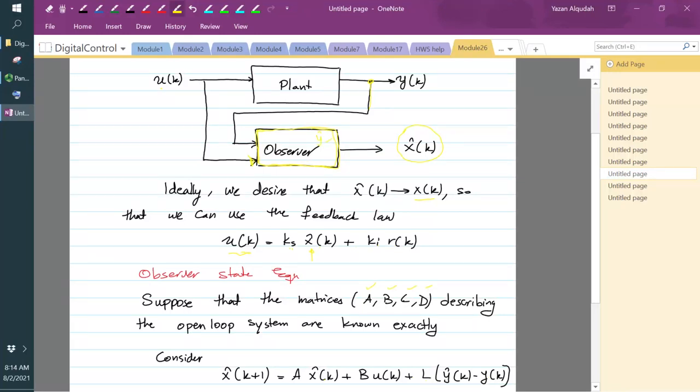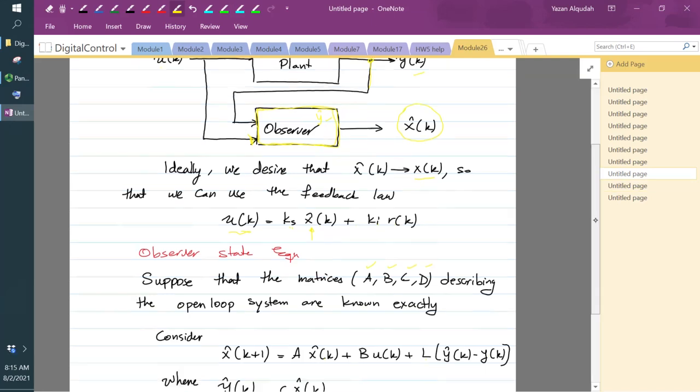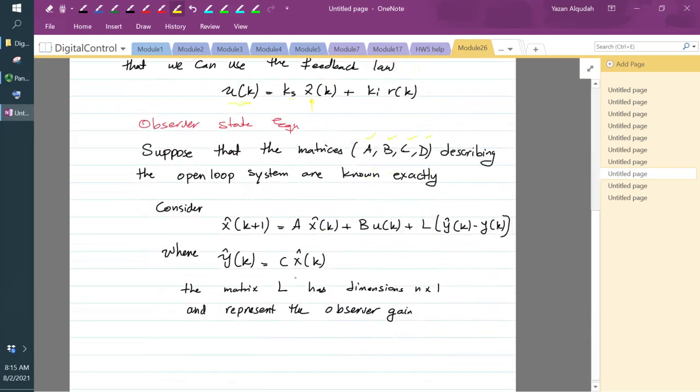I have access to y tilde, I have access to y, and therefore I want to see what conditions will result in x tilde getting a good estimate of the states of the system. Now we have a matrix L that we introduce, and this matrix is of dimension n by 1, and this is called the observer gain.